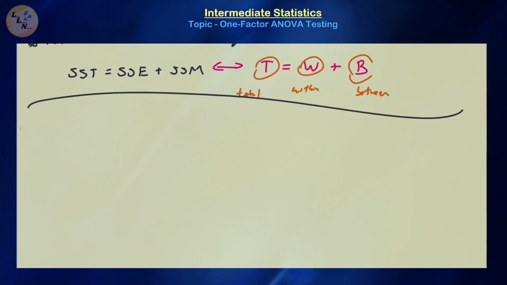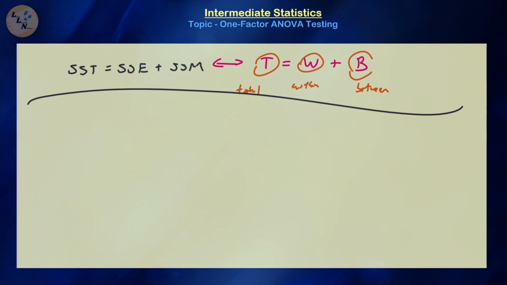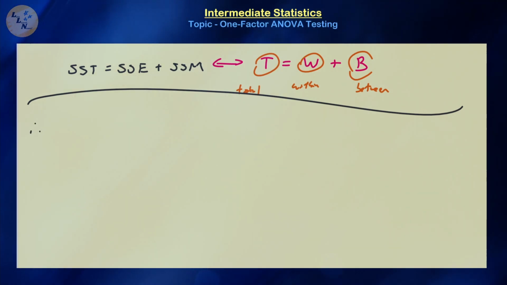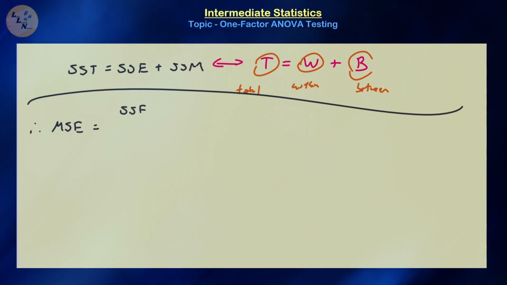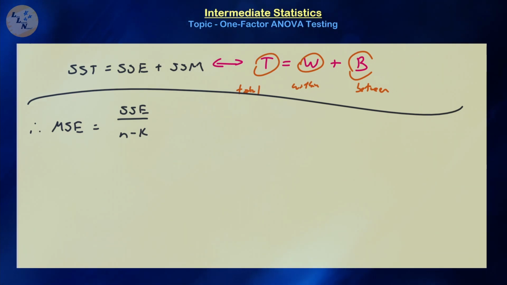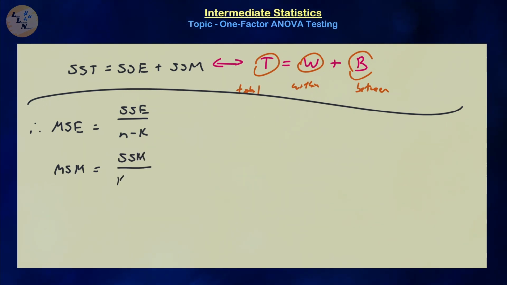depending on your preferences. Now, these are not the metrics we use to calculate our test statistics, so we need 3 other metrics. So we need the MSE, which is going to be equal to the SSE divided by n minus k. So that's going to be the error sum of squares divided by the total sample size minus the number of groups we have. And then our MSM, our mean square error for our model, that's going to be equal to SSM divided by the number of categories minus 1.